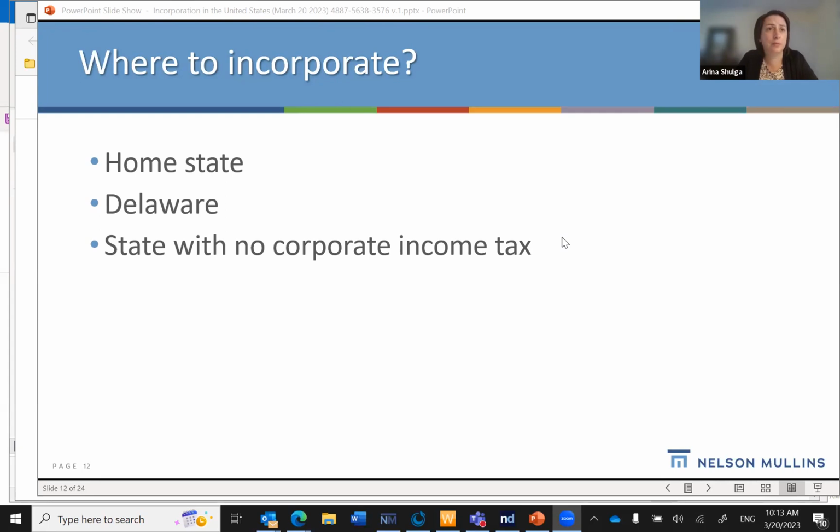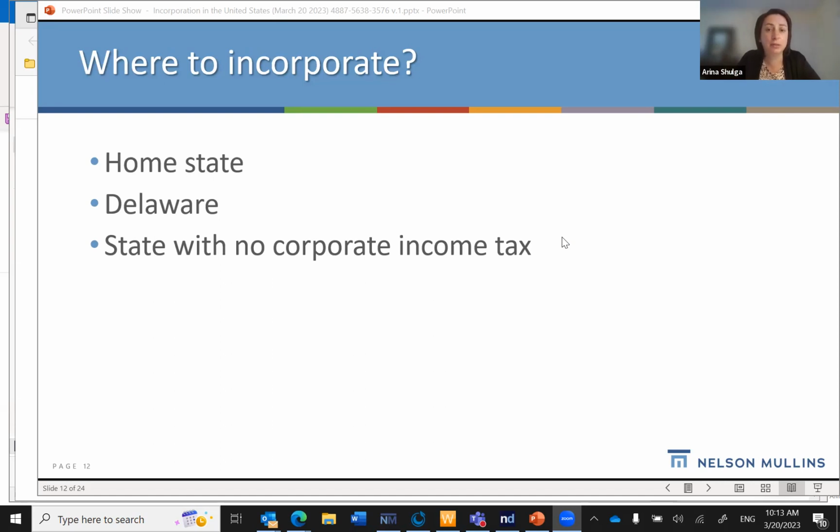Delaware has the most developed body of corporate law. It has a dedicated court that is there just to hear business-related disputes. And I think it has the most respected set of corporate laws out of all states, right?